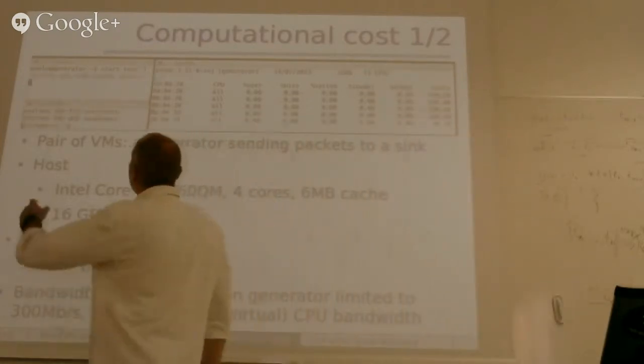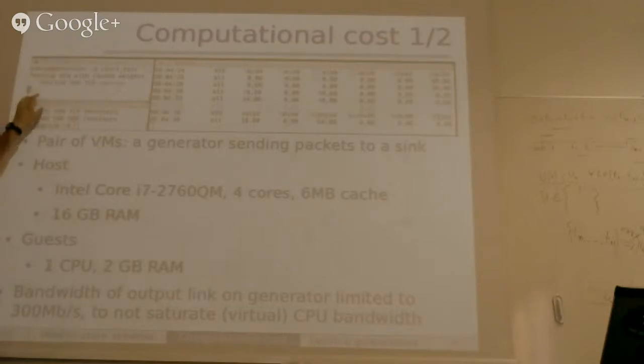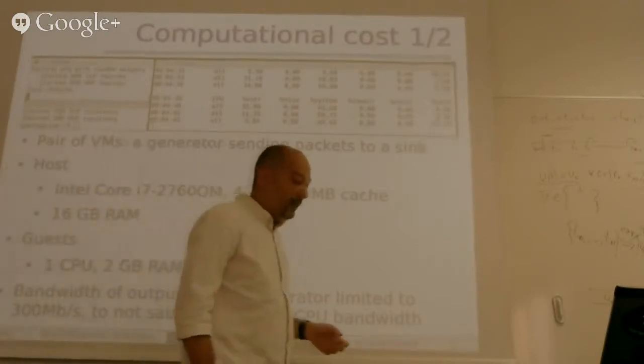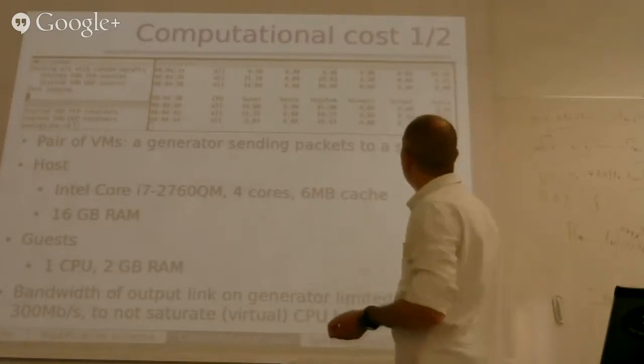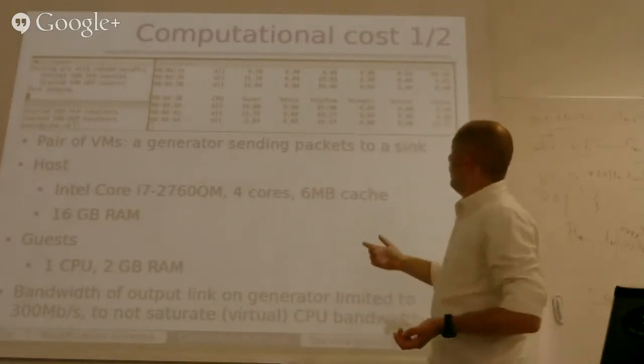On one window I will start the test, and on the other one, start the part of the test on the generator. This is the receiver, and this is a measure of the utilization of the CPU. This is a simple way to show the computational cost, the usage of the CPU.